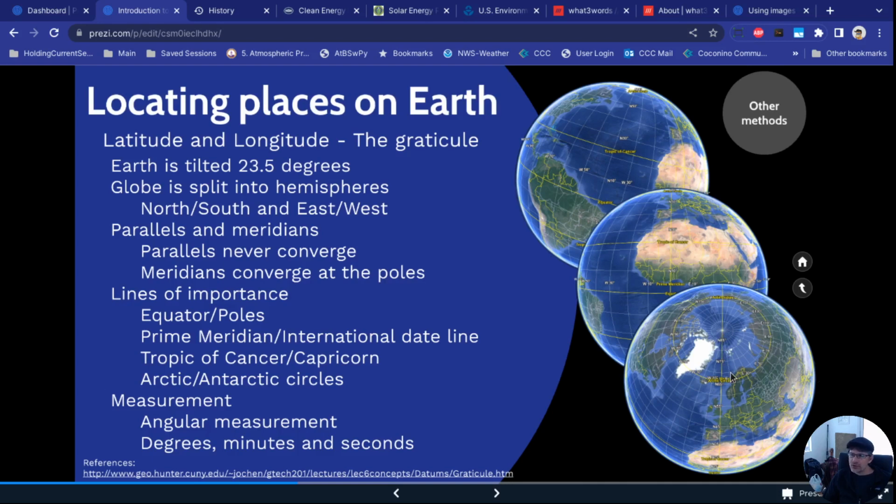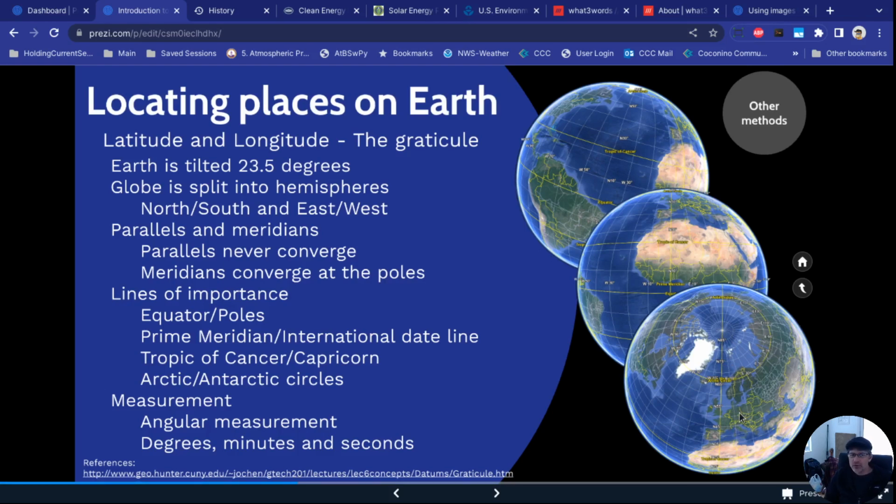From an angular perspective, there's still the same angular distance between them. However, because that's a further distance from where they conjoin, that distance is a little bit further at the equator than it is at the poles. In fact, it's going to be much further at the equator than at the poles.